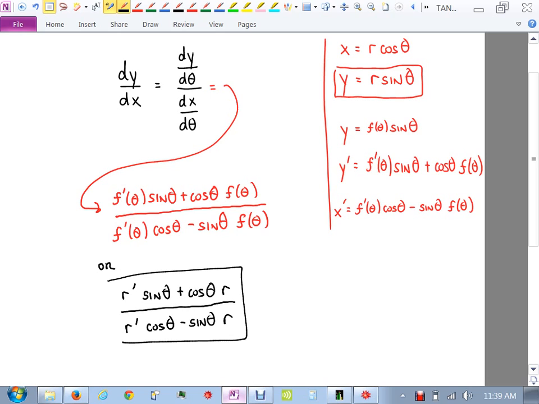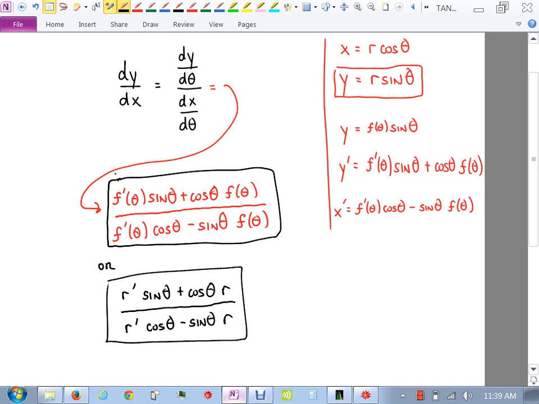In either case, that is the formula needed to figure out the slope of the tangent line to your curve, which means you'll have to know theta and r, right? You'll have to know them both. That'll give us the slope of the tangent line. Yeah, and they'll give us r.